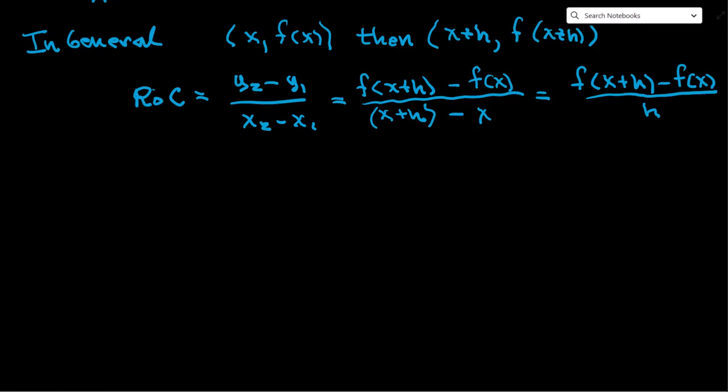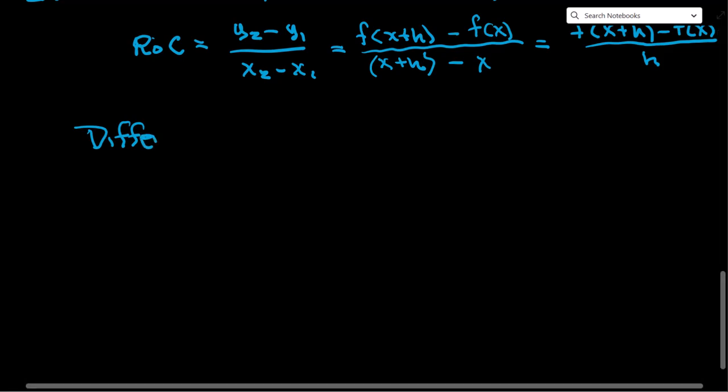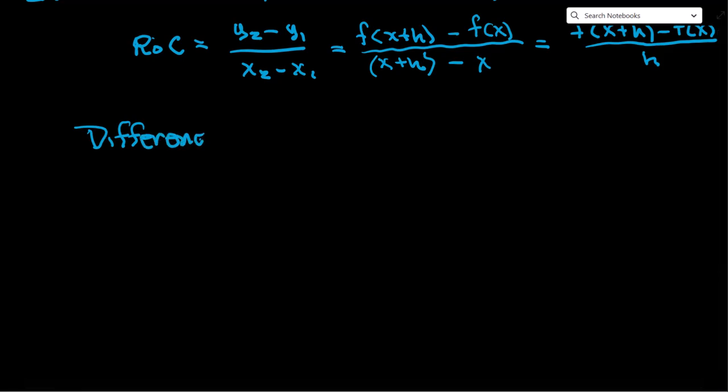This is a really important formula, and in fact, it's called the difference quotient. This is what we're going to use to compute our derivatives, which will start in the next section.